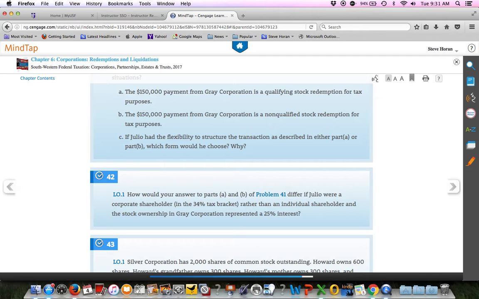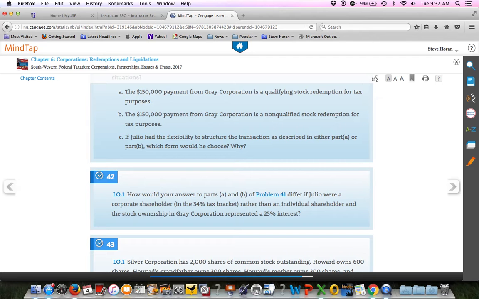For B, the corporation, so now it's non-qualified. The corporation could not deduct any of the capital loss carryover. Corporations can only offset capital losses against capital gains. So none of that carryover comes in handy in this example. So we'll treat it as dividend income less the dividend received deduction.